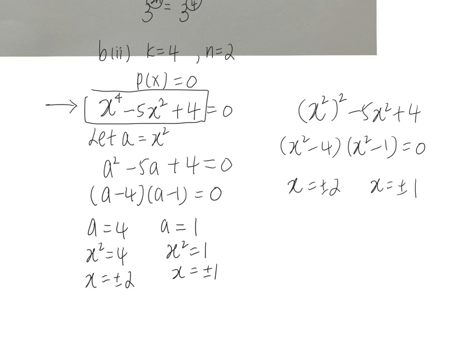It's either you group the x, make x the subject of the formula, or you have to square something. It's only these 2 types. If you cannot, it must be squaring. You must square somewhere. So that is friendlier to factorize.